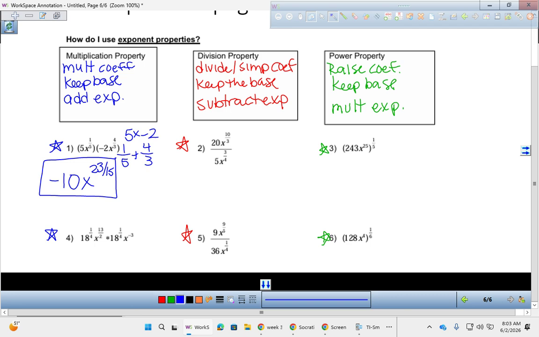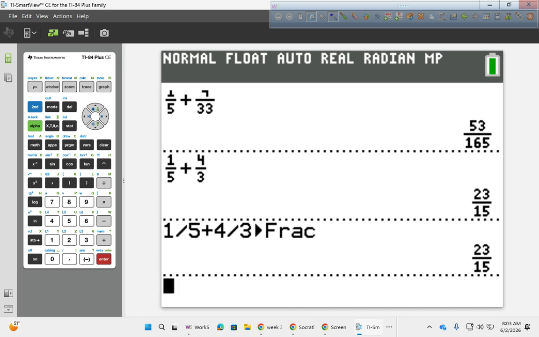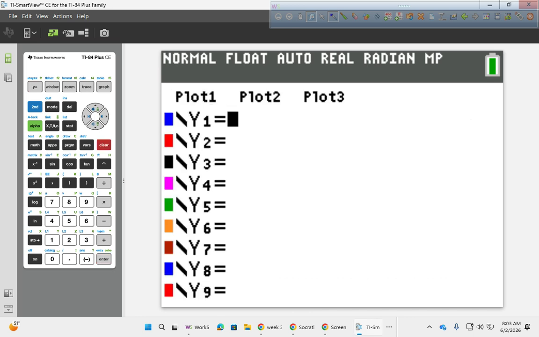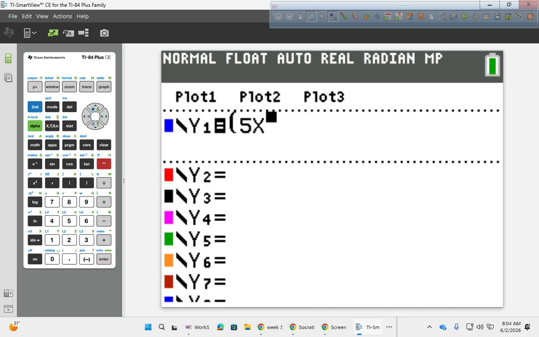Now, I'm not going to do this for every problem, but on a multiple choice exam, if you know how to use your calculator, you can get your way through most of the exam, okay? So, if this were a multiple choice question, you would type this in Y1 the exact way it looks, okay? So, what that means is I have in Y1 parenthesis 5x to the 1/5, close parenthesis, negative 2, right?